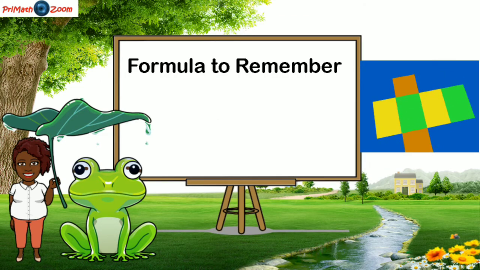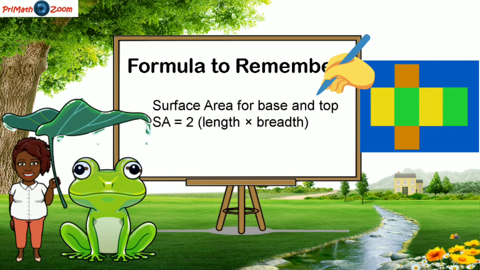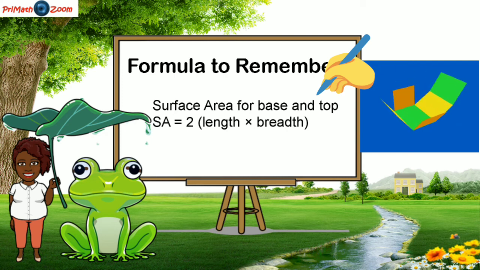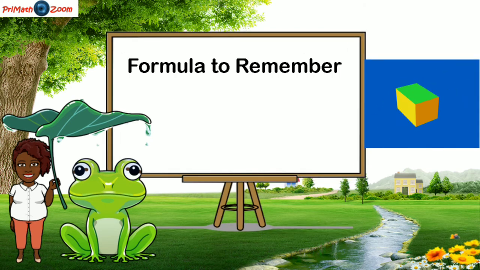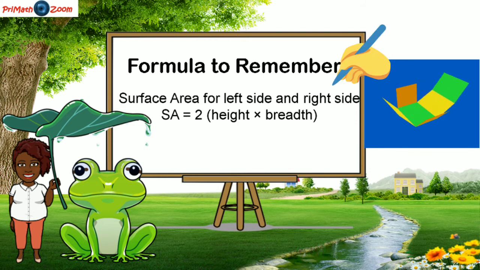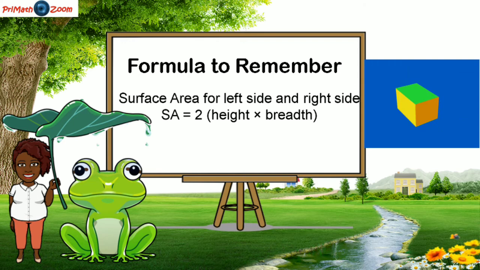Now, there are some important formulas to remember. So the first one is to find the surface area of the base and the top. We just need to multiply the length and the breadth and then multiply by 2. To find the surface area for the left side and the right side, we just need to multiply the height and the breadth and then multiply by 2.